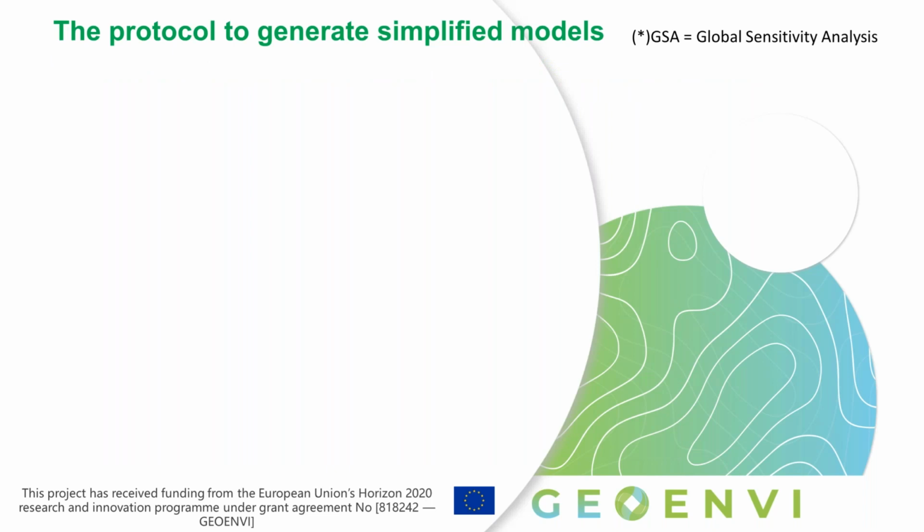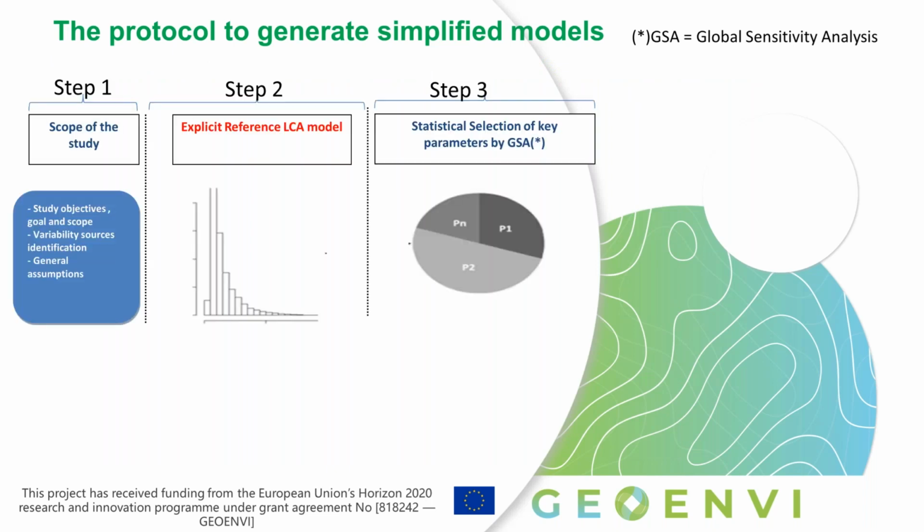So the protocol itself, as I said, first step, scope of the study. Step two, you have to generate your reference LCA model. So it is an explicit step where you have to define your variables, and the range over which the variables are going to provide results for your LCA models.